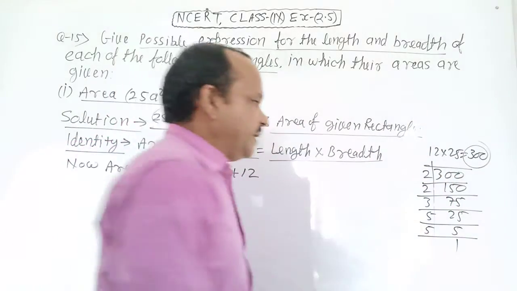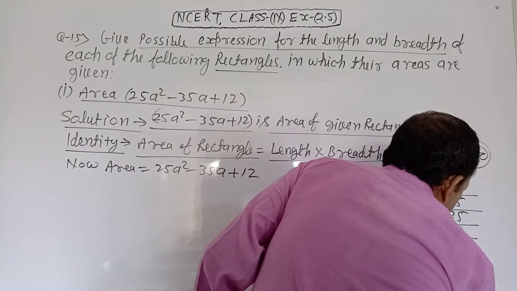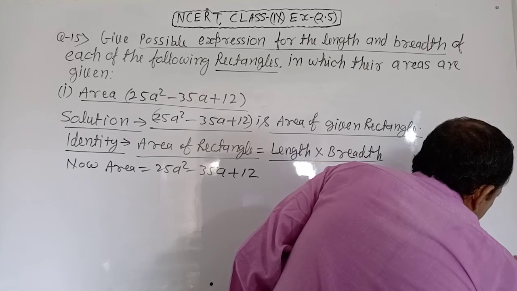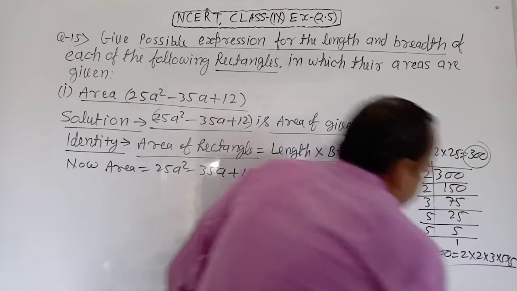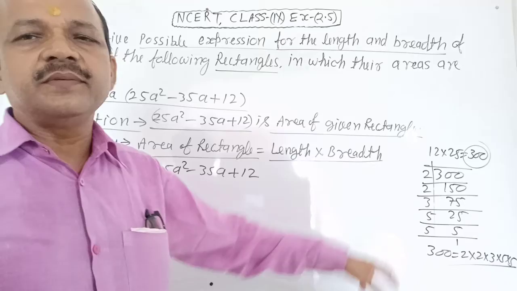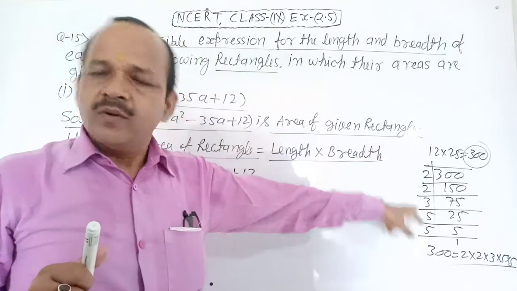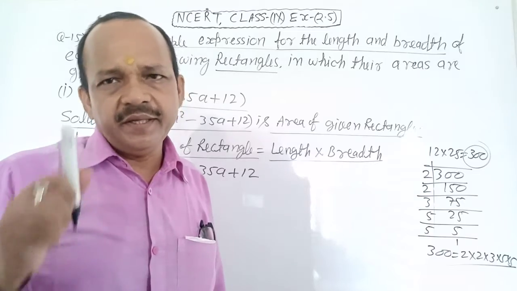Now you can write 300 equals 2 multiplied by 2 multiplied by 3 multiplied by 5 multiplied by 5. It is the factorization of 300. No confusion about it. Very good.